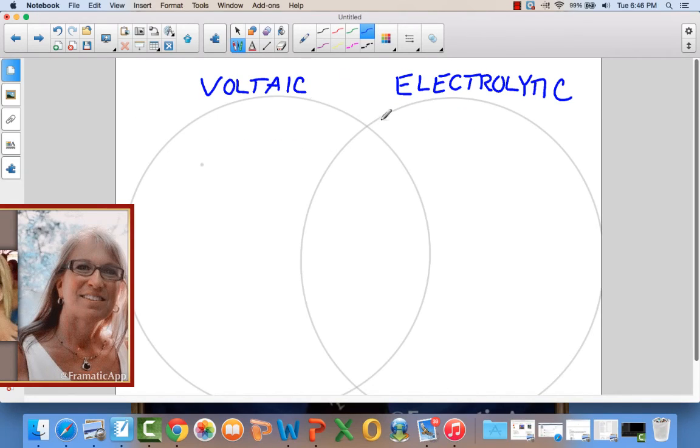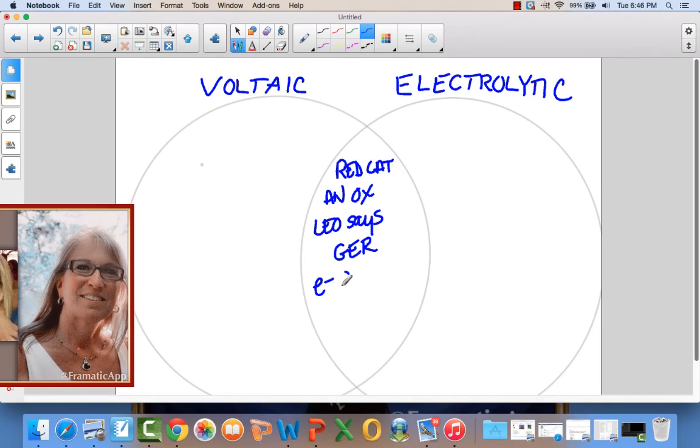So I want to compare and contrast. In both of these, we have red cat, an ox. For both cells, reduction occurs at the cathode, and the anode is oxidation. We also have LEO says GER. Loss of electrons is oxidation, gain of electrons is reduction.